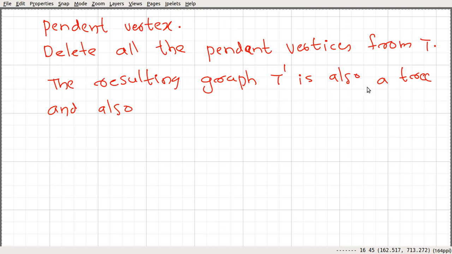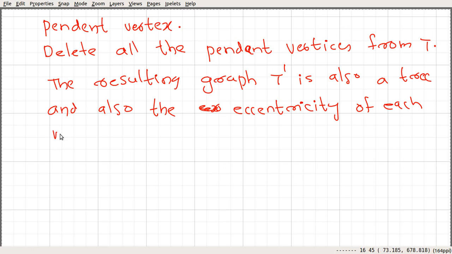So the resulting graph T dash is also a tree, and the eccentricity of each vertex in T dash is exactly 1 less than the eccentricities of those vertices in T.